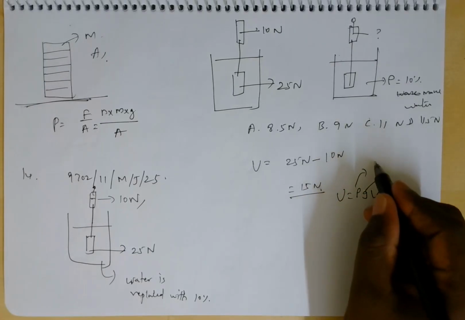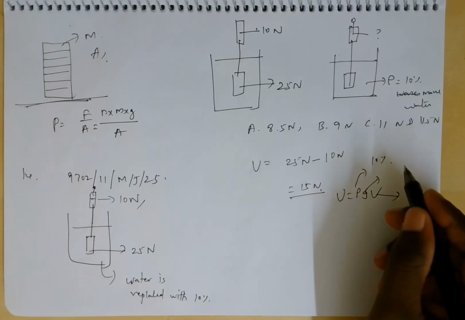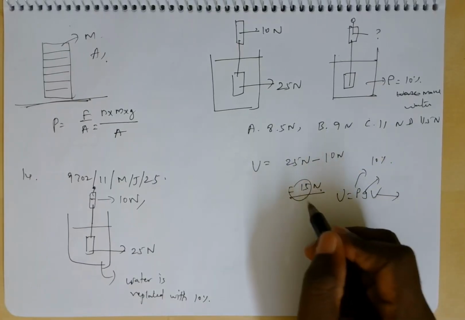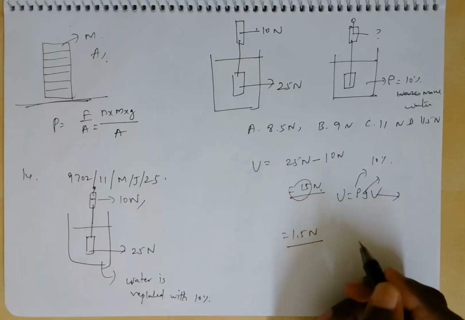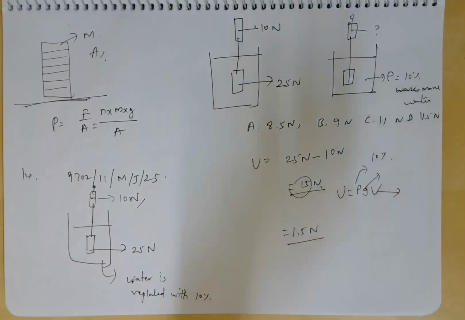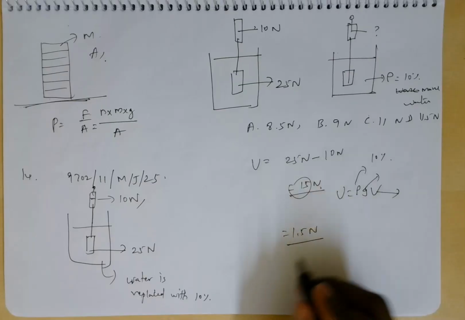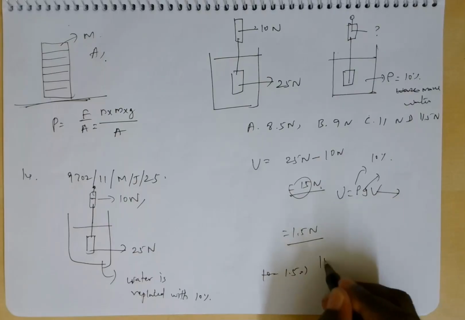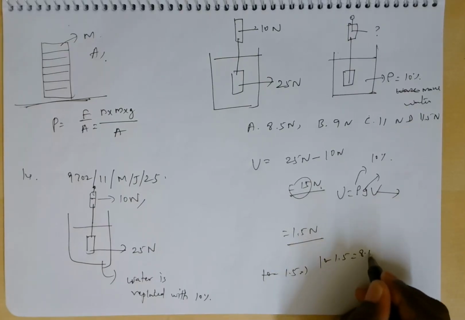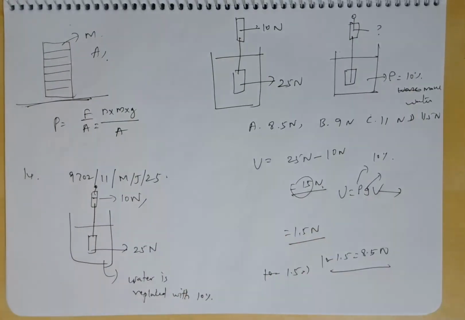Only density has been replaced with 10% more. So what is 10% of 15? It is 1.5 Newton. So this will be decreased from the original reading, which is 10. So 10 minus 1.5, which is 8.5 Newton. That's your answer. Your idea is very good, but you should have worked with the resultant force.